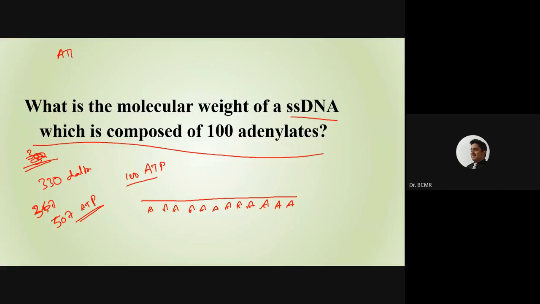Molecular weight of ATP is 507 daltons and AMP is 347. Can you solve this question? And then we will stop quickly. I think I passed the time. Anybody?